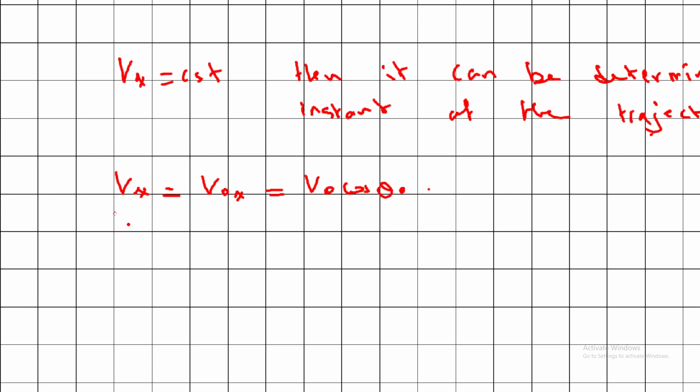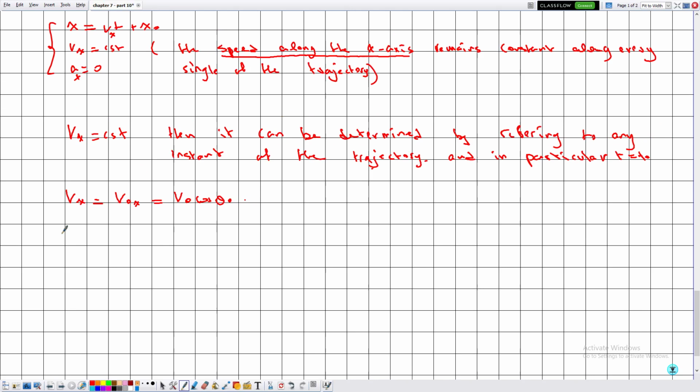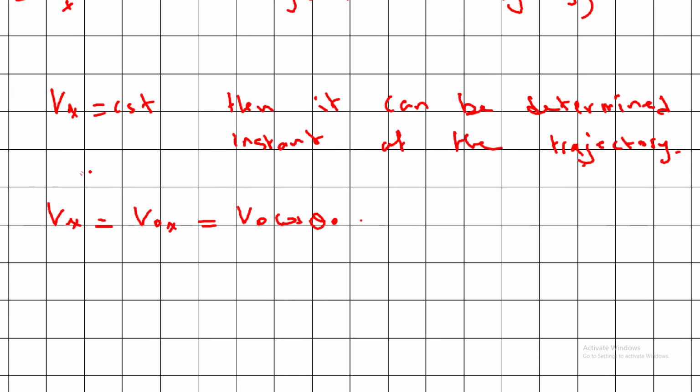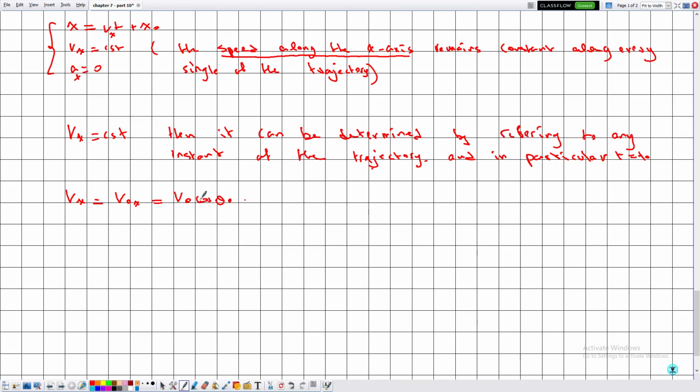Similar to the fact that we get used to project, for example, the tension or the weight along an inclined plane. Okay, so because v is a vector component, it's equal to v0 because the speed is constant at all times, and here we are determining the projection along the x-axis, so it's simply given by v0 cosine alpha 0. This is alpha 0 and not theta 0.